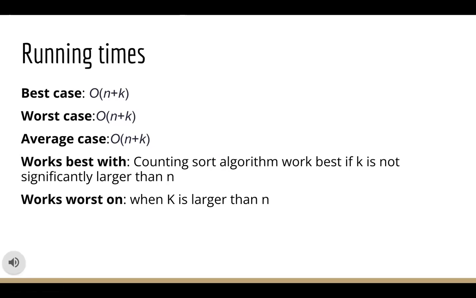Counting sort is the most efficient if the range of input values is not greater than the number of values to be sorted. So that means it works best when k is not significantly larger than n, and it works worse when k is larger than n.